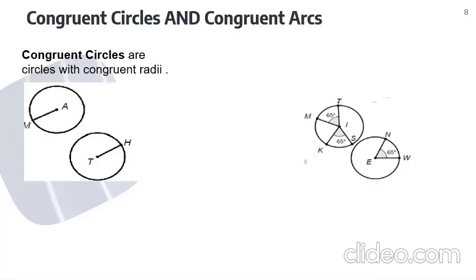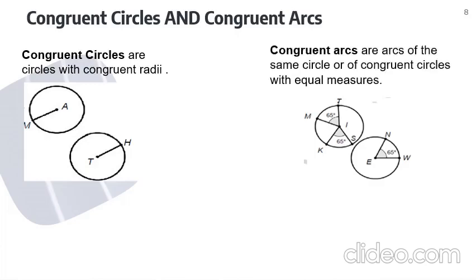We can see in the figure that MA is a radius of circle A, and TH is a radius of circle T. If radius MA is congruent to radius TH, therefore, we can now conclude that circle A is congruent to circle T. Walang pinagkaiba yan sa piso.